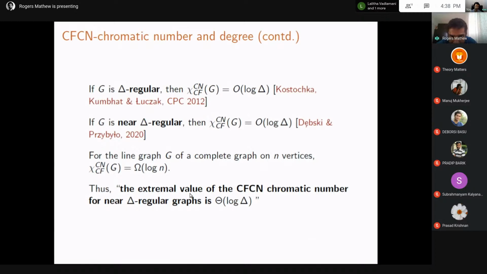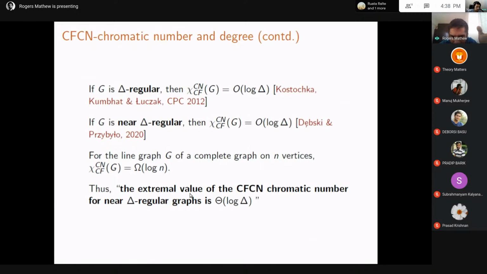Sure. So for this complete graph on n vertices, when you take its line graph, its degree is basically 2n minus 2, I think. It's a 2n minus 2 regular graph.